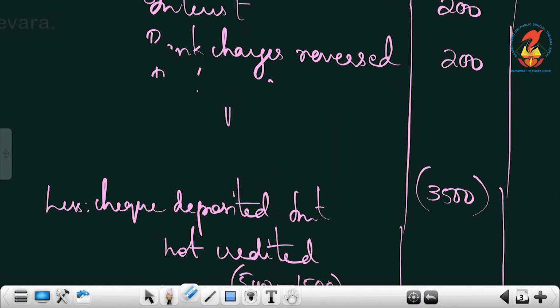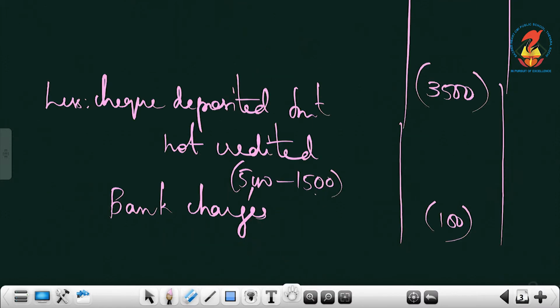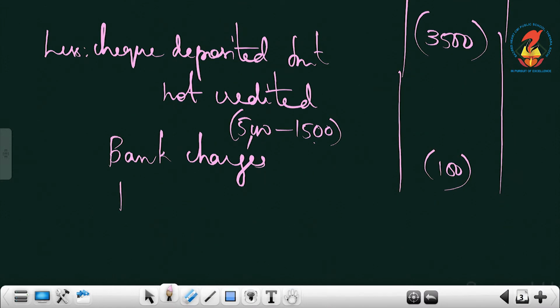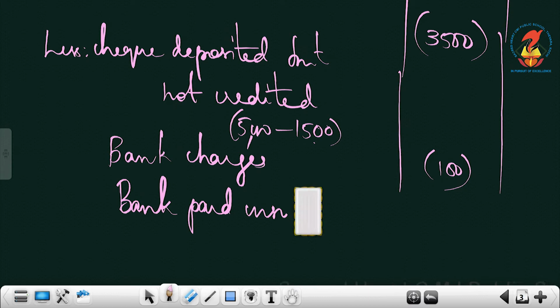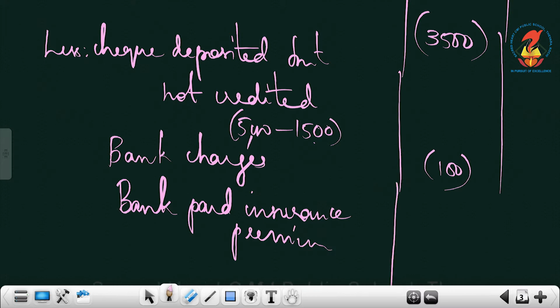Okay, just write it under less items, bank paid insurance premium. The amount is, okay, what you have to less now is 1800. So less 1800.